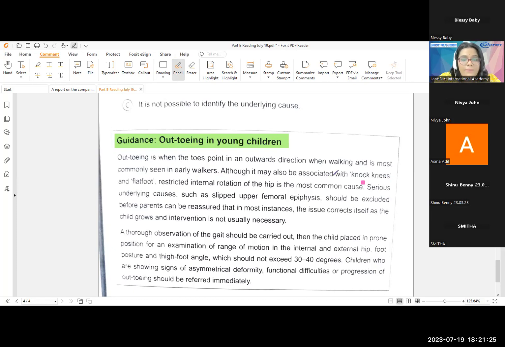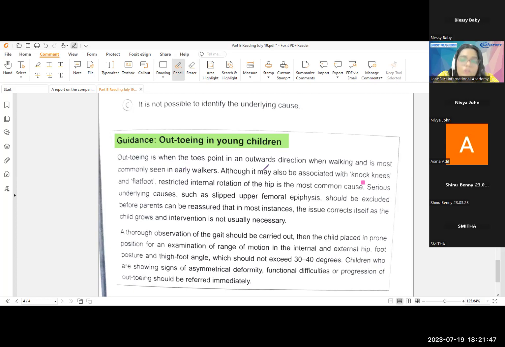So here they are talking about a problem called out-toeing, which is common among young children. This is a condition where the toes of young children point outwards when they're walking, and it is commonly seen among early walkers, who walk earlier than expected.